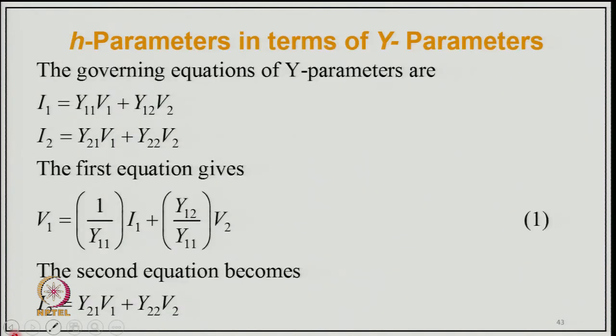So now, H parameters in terms of Y parameters. The governing equations for Y parameters are already there: I1 equal to Y11 V1 plus Y12 V2, and I2 equal to Y21 V1 plus Y22 V2. From the first equation we can find V1 by dividing the entire equation by Y11. So V1 becomes 1 upon Y11 into I1 plus Y12 upon Y11 into V2.